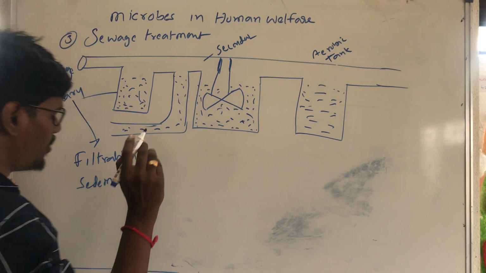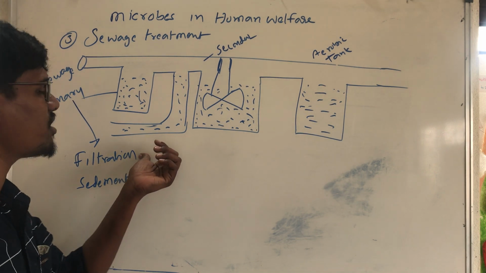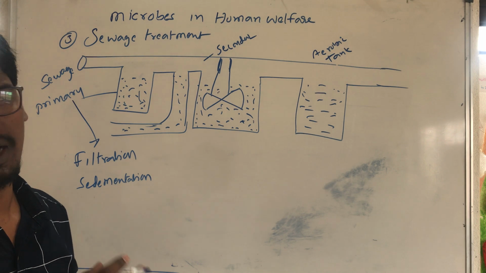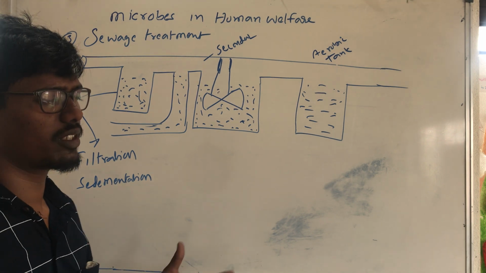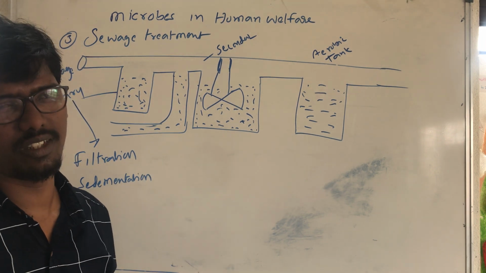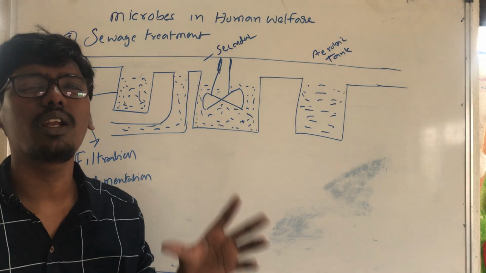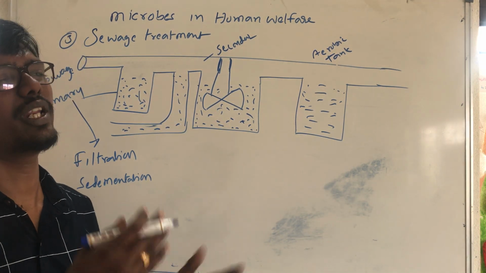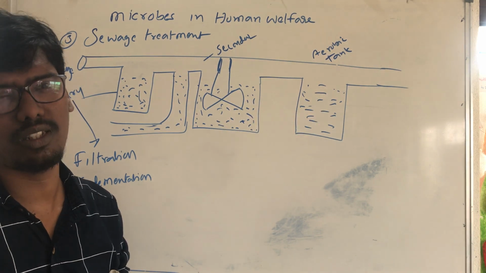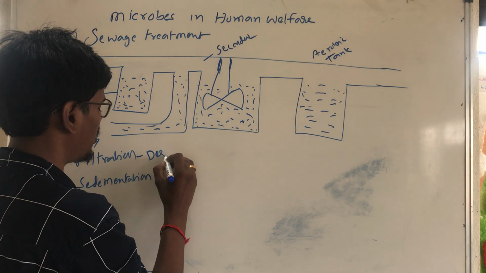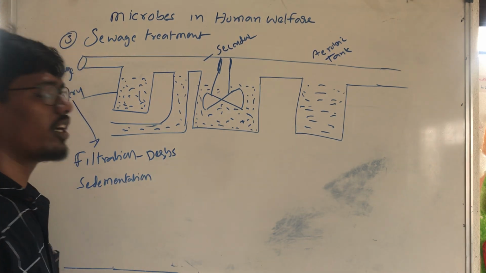Filtration means removing the floated waste materials, for example plastics. Some waste material will be floated on the water, some debris. That is also called debris.